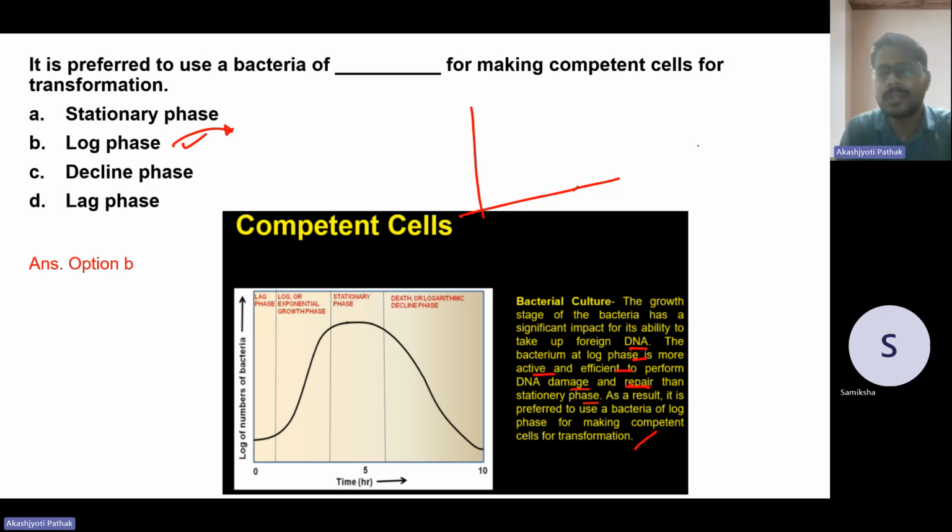And also when you do transformation, what is done is after you give the heat shock, you add a recovery media to the bacteria. So you add the LB media to bacteria, and then you keep it for around 45 minutes to 1 hour.